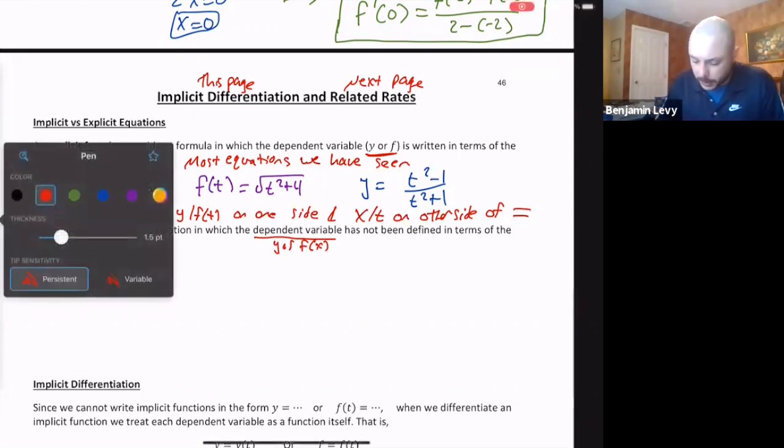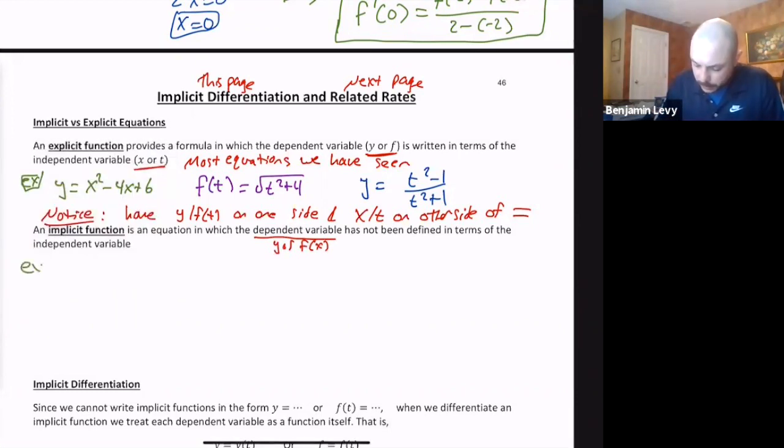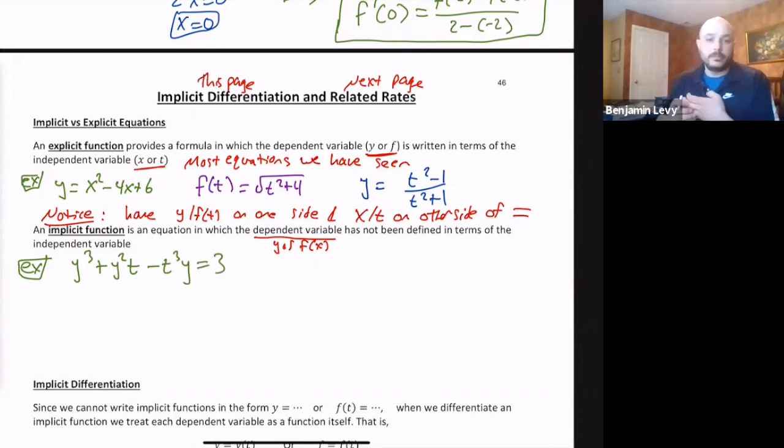So maybe something like this: y cubed plus y squared t minus t cubed y equals 3. We're still thinking about the y as being the dependent variable. It depends on the t. But now it's all mixed up, right? We have the y's and the t's together on one side of the equal sign.